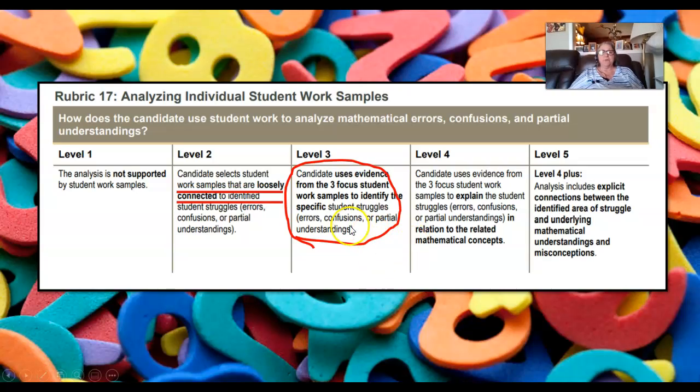And those struggles would be like errors, confusions, or partial understandings. Now, this is important because using evidence and clearly identifying, as you can see, they got this wrong. You can look at the work sample and see it, and you describe it.